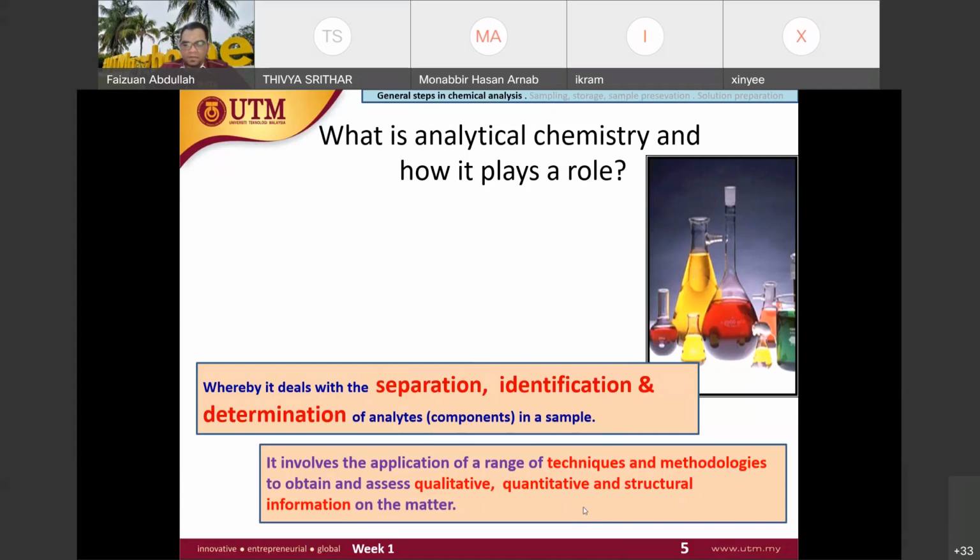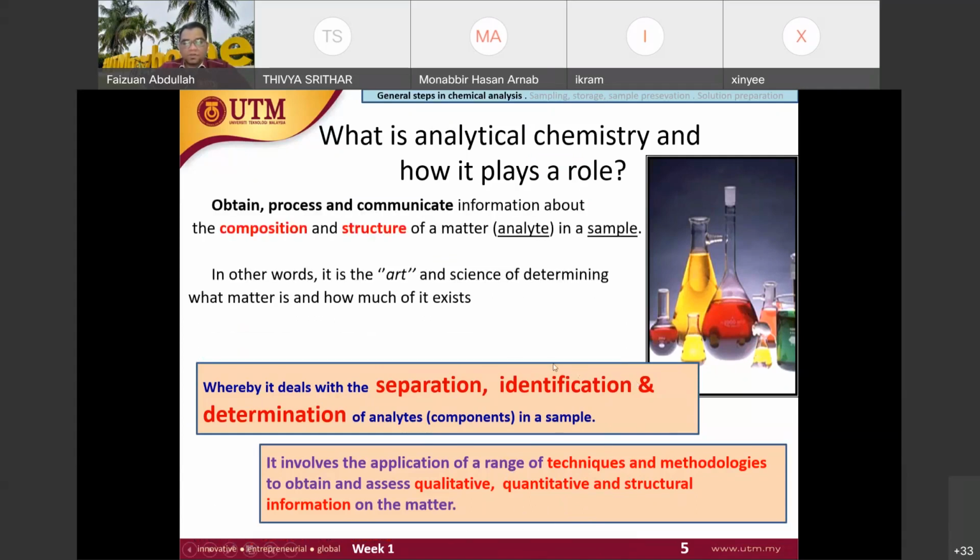Okay, like we discussed previously. So it is to obtain, process, and communicate information about the composition and structure of the matter analyzed in the sample. In other words, it's the art and science of determining what matter is and how much it exists. What matter is, is qualitative, and how much is quantitative.